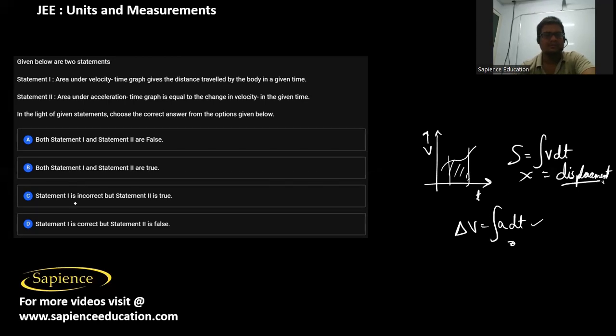So statement 1 is false, but statement 2 is true. So option C is the correct answer. If it had been a speed time graph, the area under speed time graph will give us the distance traveled, but area under velocity time graph will give us the displacement.